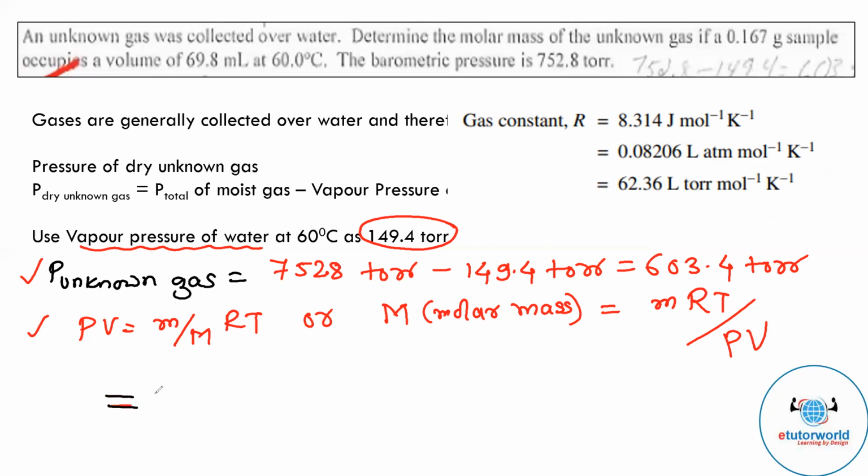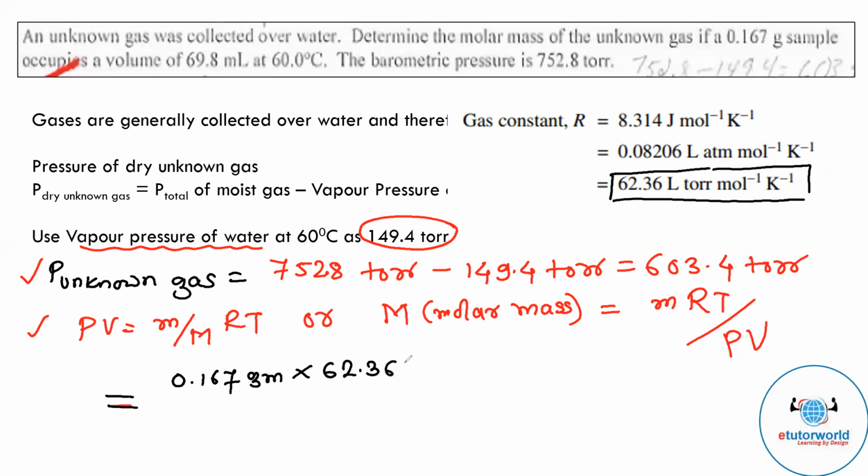What is the mass of the unknown gas? 0.167 gram, multiplied by the value of R in torr, which is 62.36 liter torr per mole per Kelvin.